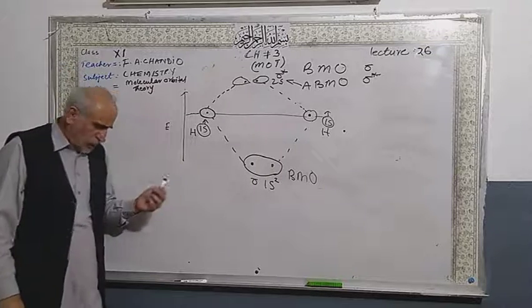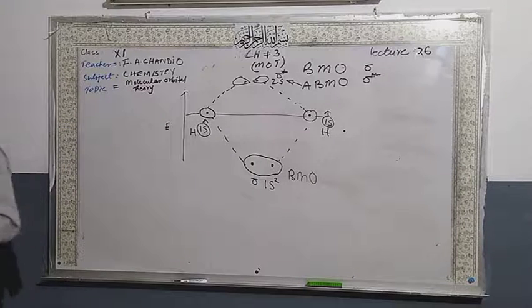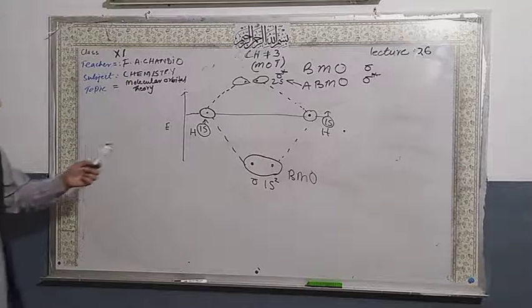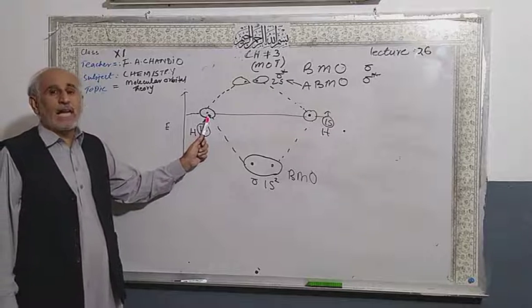An anti-bonding molecular orbital may contain electrons or may not, depending upon the original electrons present in an atom.